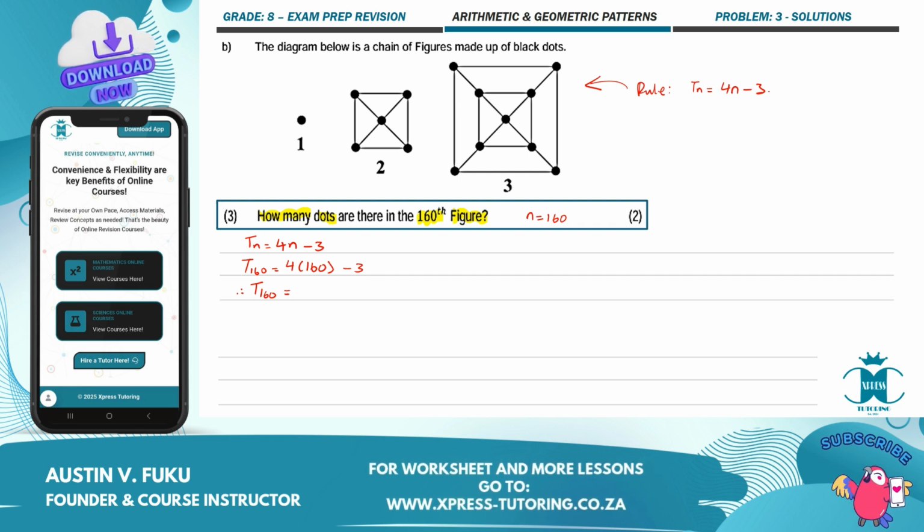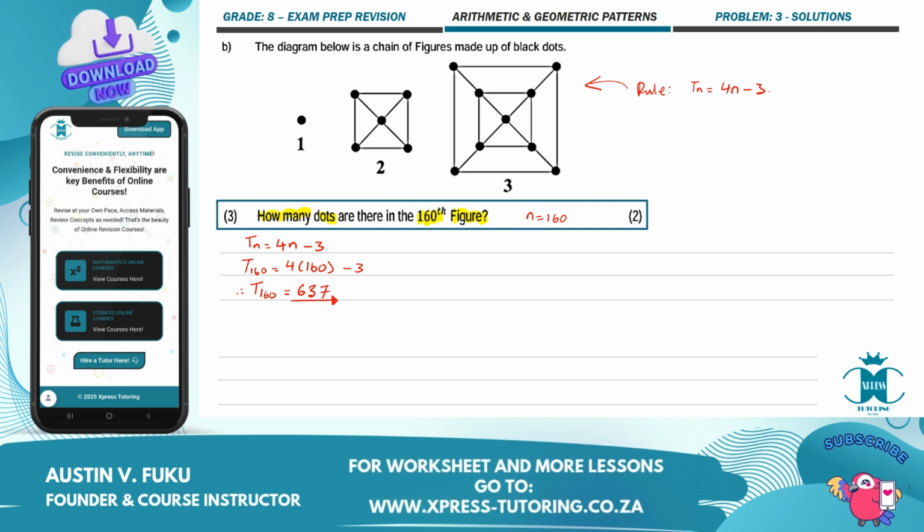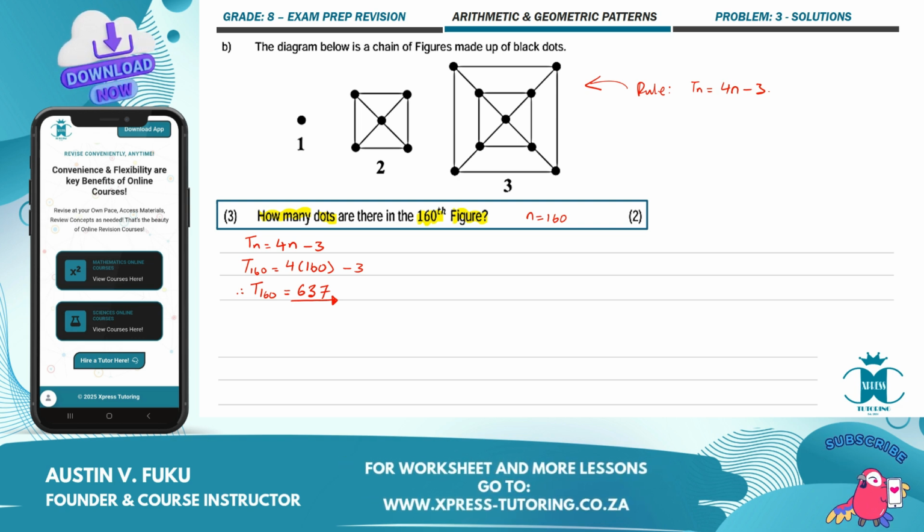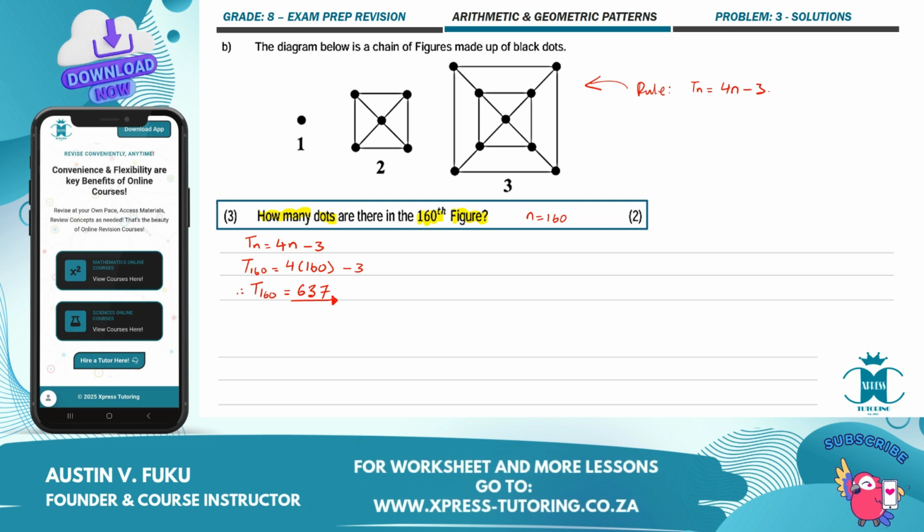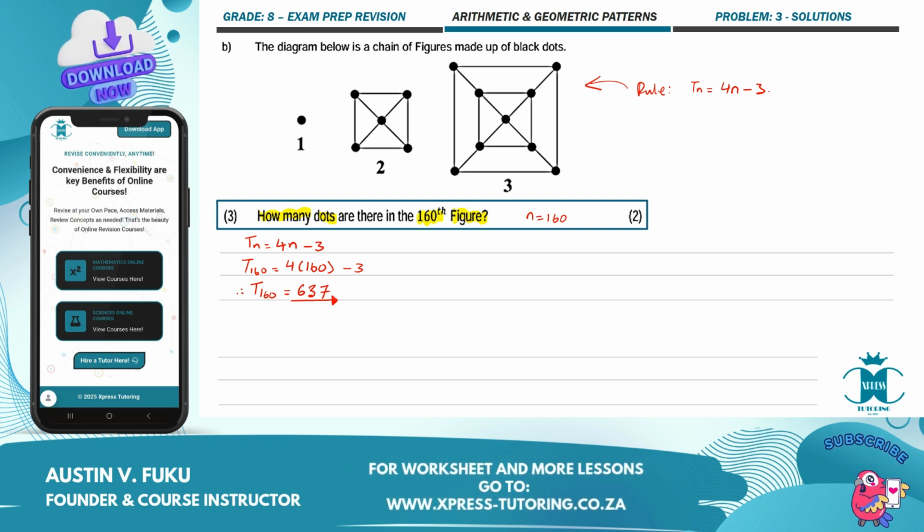When you subtract 3 from it, you'll get 637. But you can always use your calculator so that you do not lose marks when you make some errors. It is always advisable to use your calculator when you deal with big numbers like that.